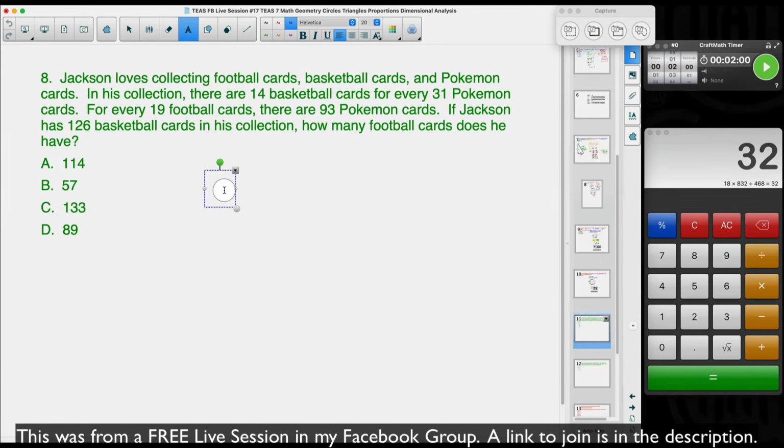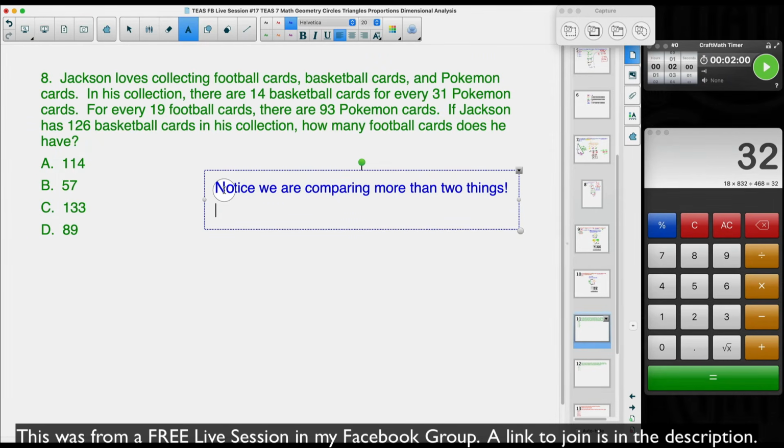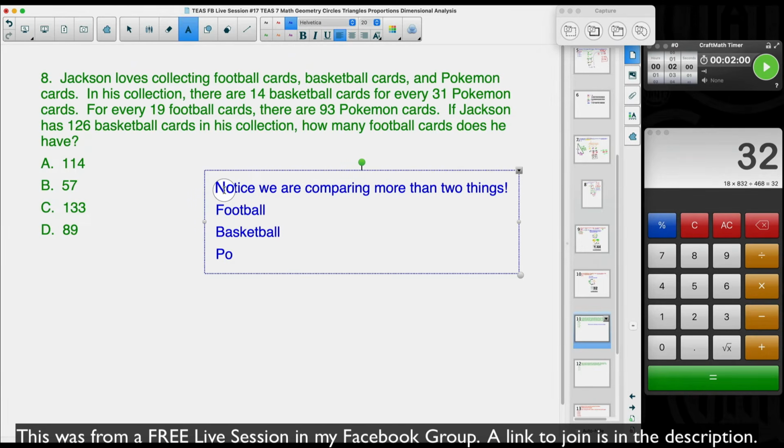How about that? Now, notice we are comparing more than two things. We have, and this is a true story, my son, he's actually kind of growing out of this phase now, but we got football cards, we got basketball cards, and we got Pokemon cards. There's three things.